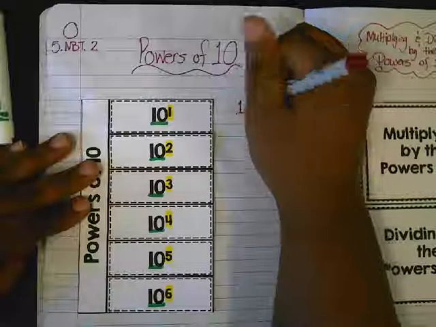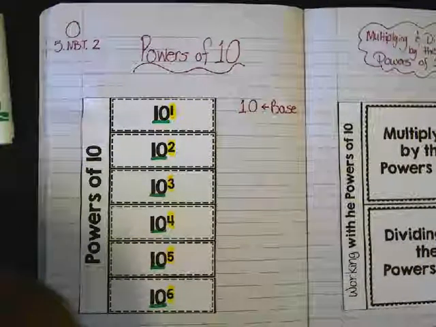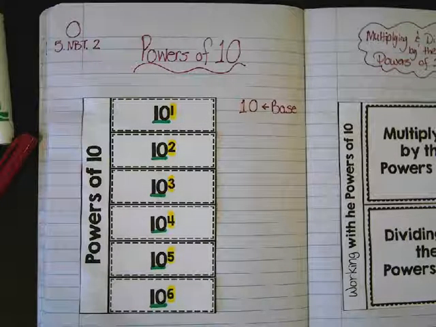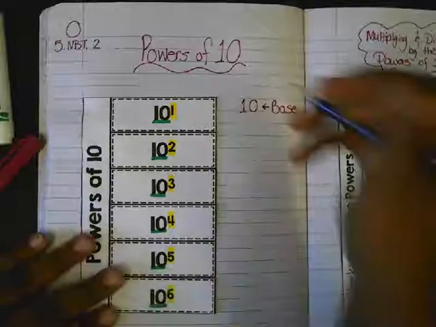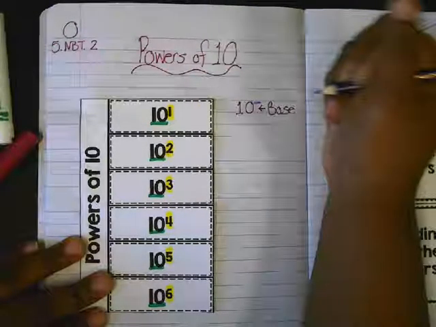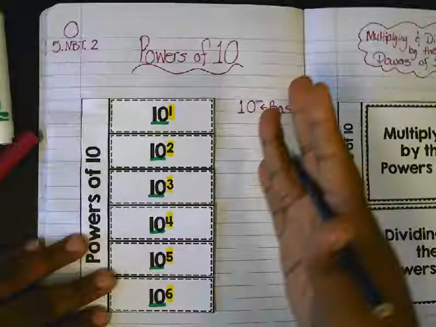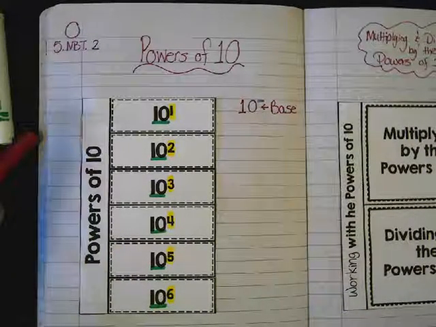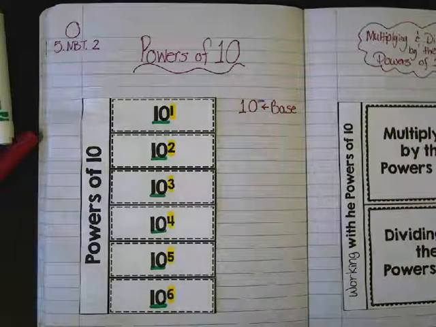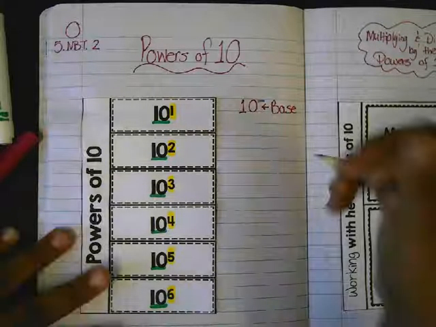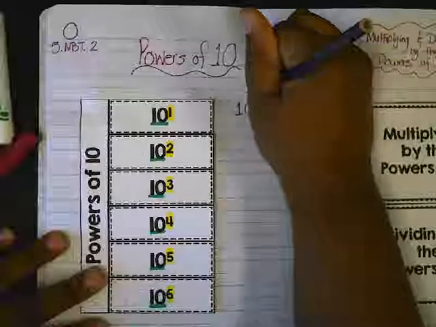And then the itty bitty little number up top, we're going to make that number, let's see, purple. The exponent goes right here, the top right-hand corner of that base number, which in this case in powers of 10, our base number will always be 10 when we are working with powers of 10. I'm going to put an arrow right here to show that is the exponent.